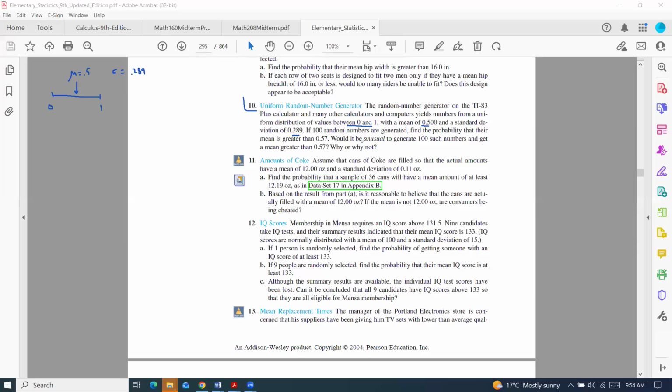So they wonder, what about the probability? Well, probability we always call as P, and the probability that their mean is greater than 0.57. So X is more than 0.57.